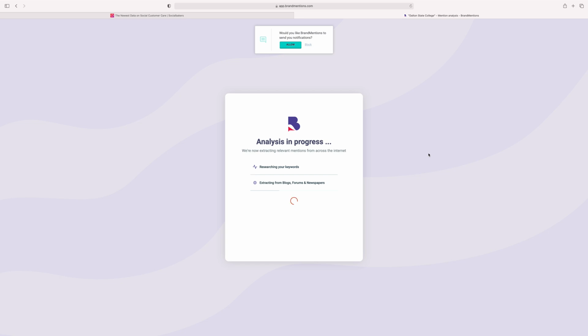So it's now looking for Dalton State College hashtags, social media handles, all sorts of stuff, keywords, searching blogs, newspapers, forums. Then it went on to Twitter, Instagram. Now it's looking at the sentiment: if Dalton State College is mentioned, was it positive, negative, nothing? Whether Dalton State College was mentioned.